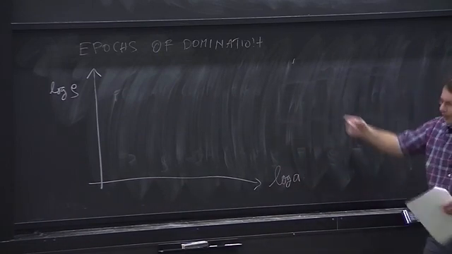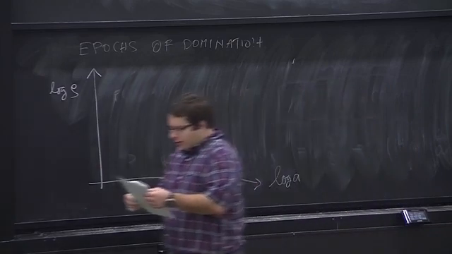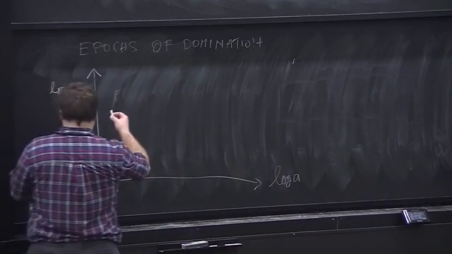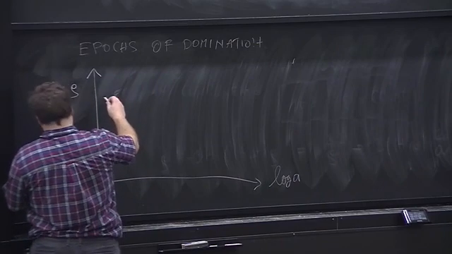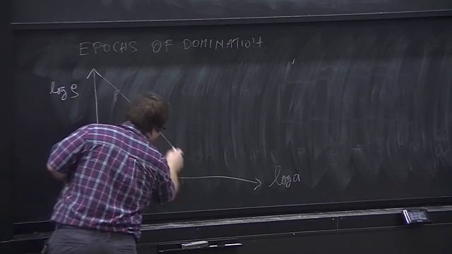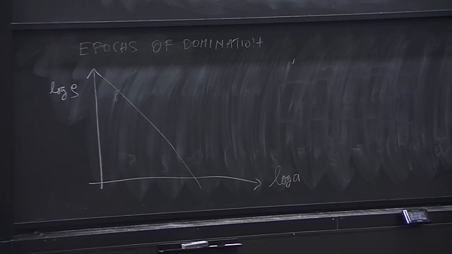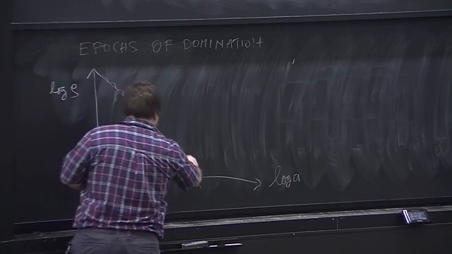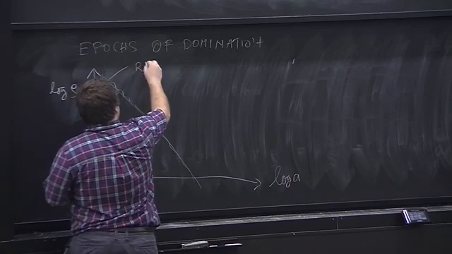So that's the scale parameter, and that's the energy density. We know that the slope for radiation is minus 4. So this would be the radiation.